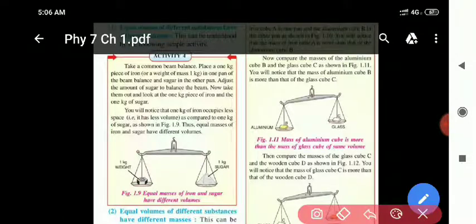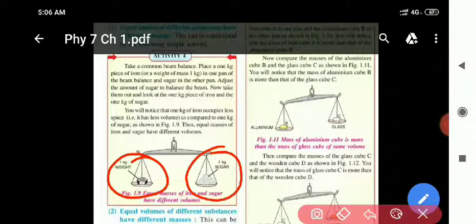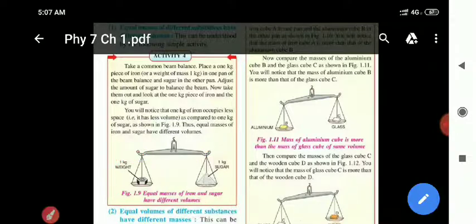If we take 1 kg weight of iron and 1 kg sugar, the masses are the same, but if we see the volume, then iron occupies a small space, that is smaller volume, and 1 kg sugar if put on the surface will occupy more volume. So equal masses have different volumes.